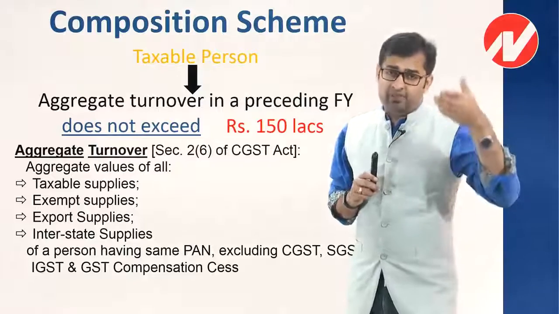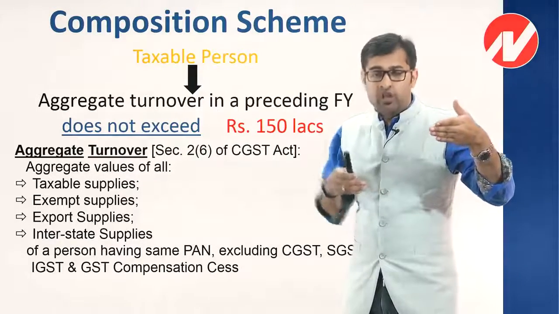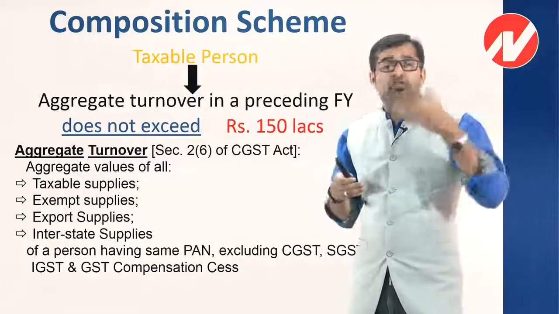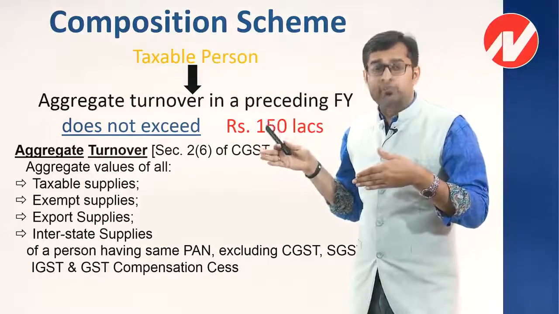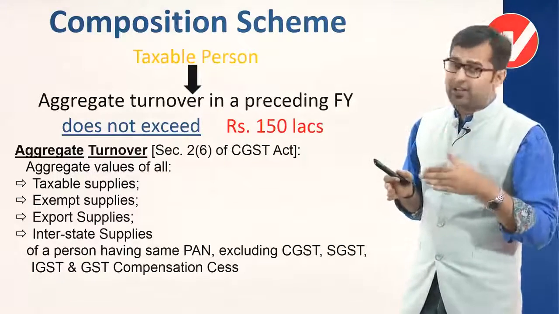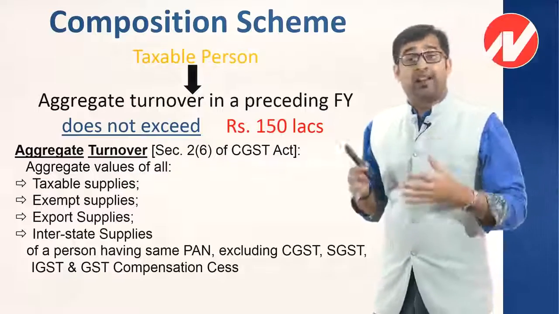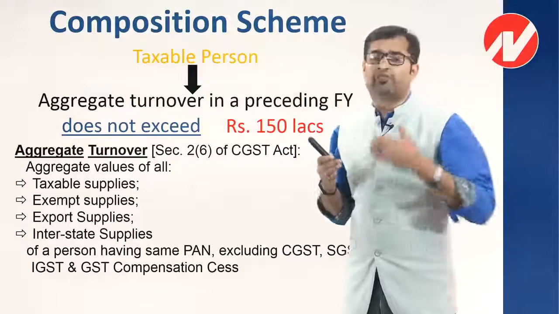If my turnover in previous year is 150 lakh, so current year I am eligible for composition scheme. Now my turnover in current year is 200 lakh, so in subsequent year I am not eligible for composition scheme. But my concern issue is whether I am eligible for composition scheme in current year. Answer is yes. But am I eligible on full 200 lakh or am I eligible on only first 150 lakhs?